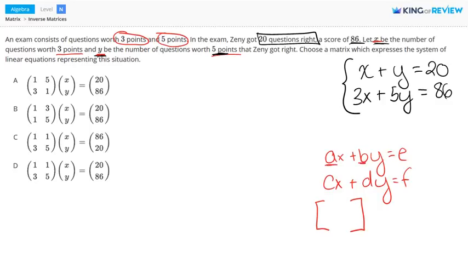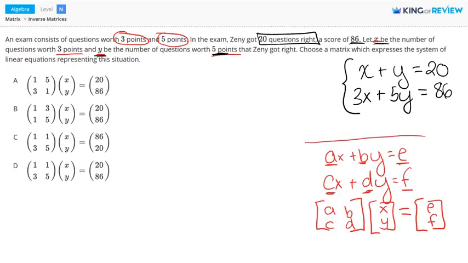This will have the coefficients of the X and Y terms for the entries, so A, B, C, and D. And then we're going to multiply this by a matrix that has X and Y. And this will be equal to the constants, so E and F. So this is the setup that we want to use to represent this situation.